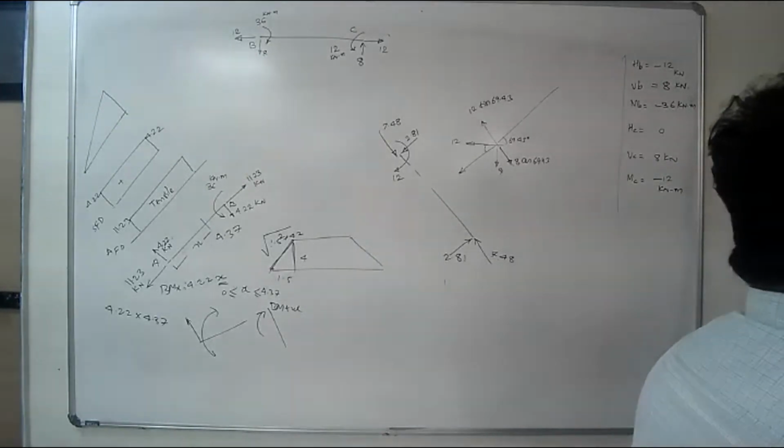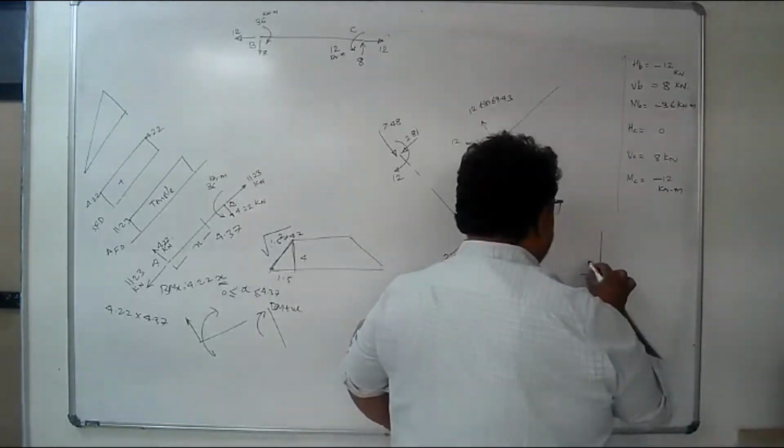So something is wrong. ये 4 divided by 1.5 कितना एंगल आ रहा है?